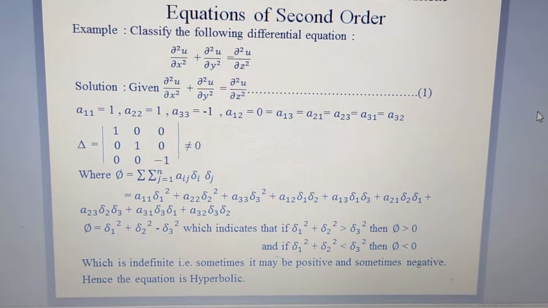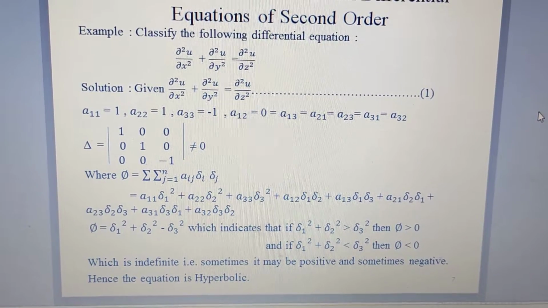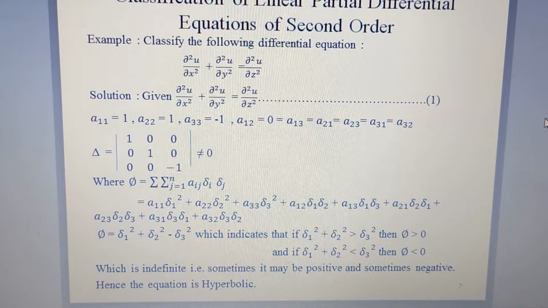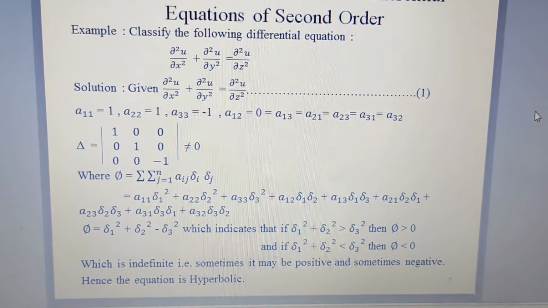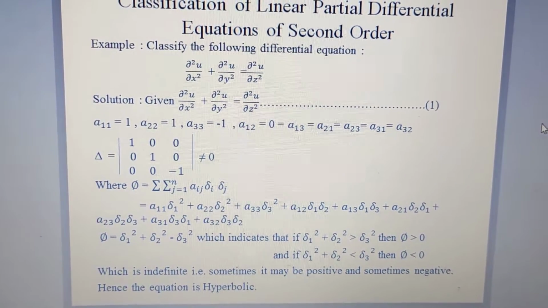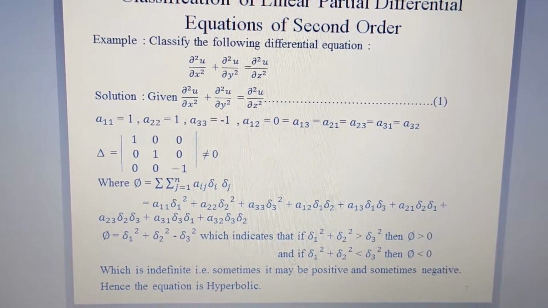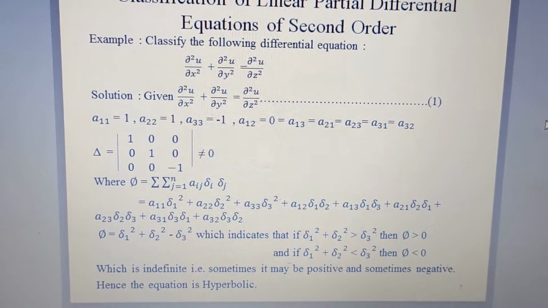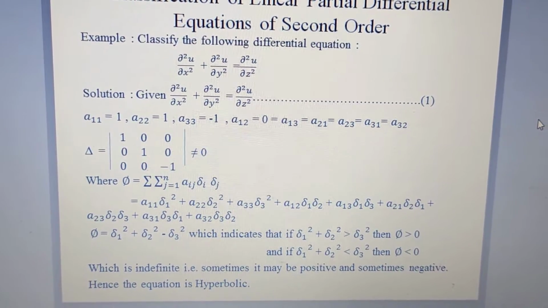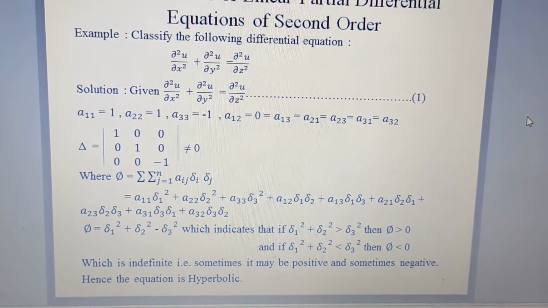If it is non-zero, then we have to frame an operator phi, that is double summation aij del i del j. If we expand this, then we have A11 del 1 square, A22 del 2 square, A33 del 3 square, A12 del 1 del 2, A21 del 2 del 1, A13 del 1 del 3, A31 del 3 del 1, A32 del 3 del 2.